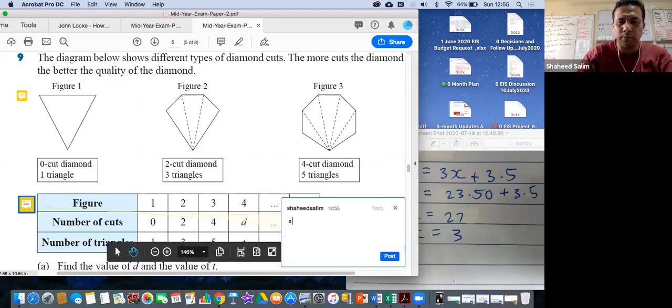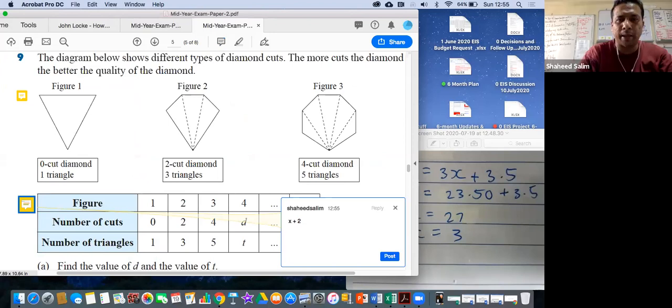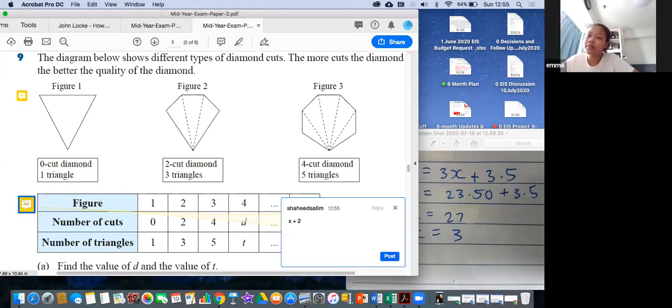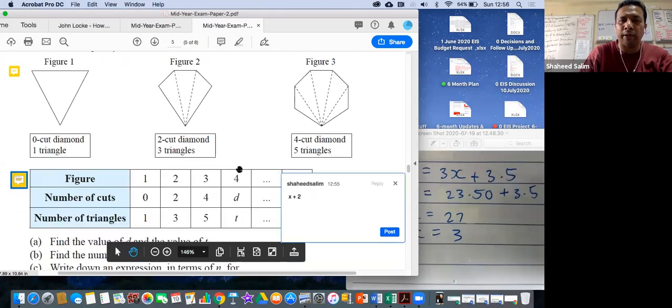X plus 2. So X is what? Cuts for diamond. Huh? I thought X plus 1? Okay, hold on. Let's say now the difference is 2, figure plus 2. This X now, if you say it's cuts, now we want to find out about the figure.